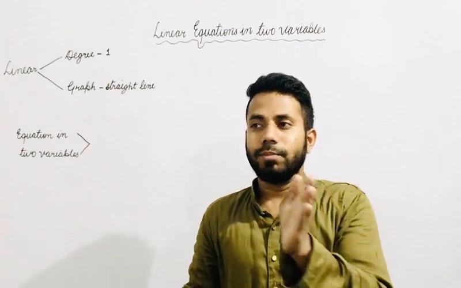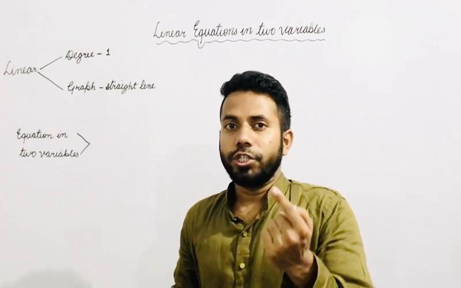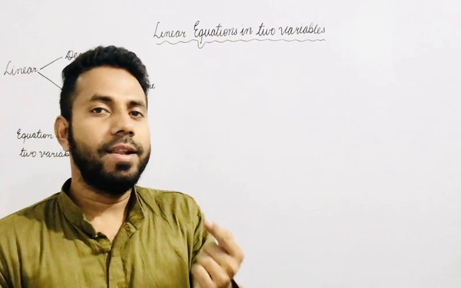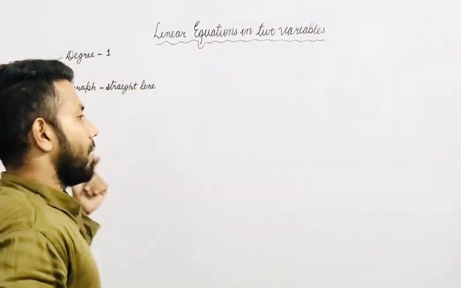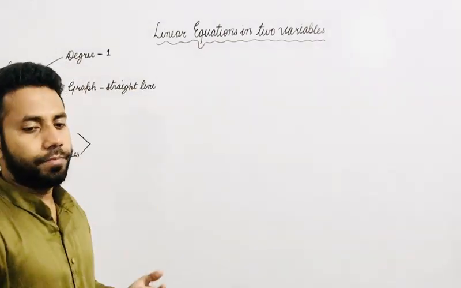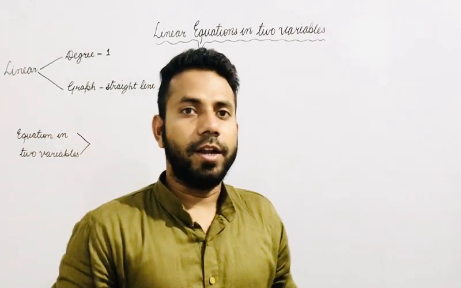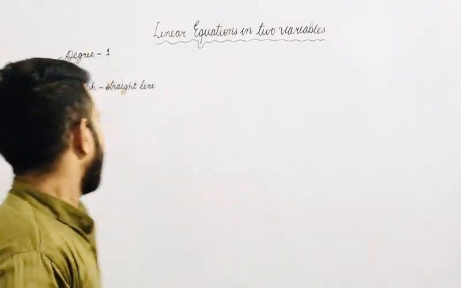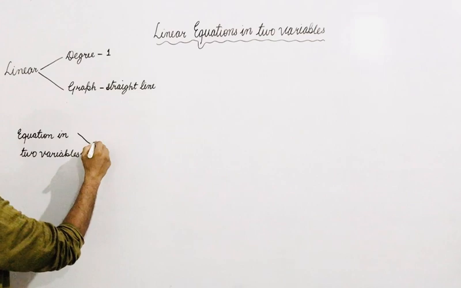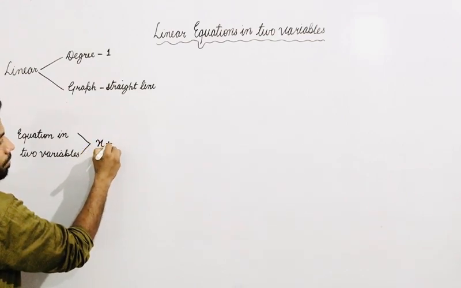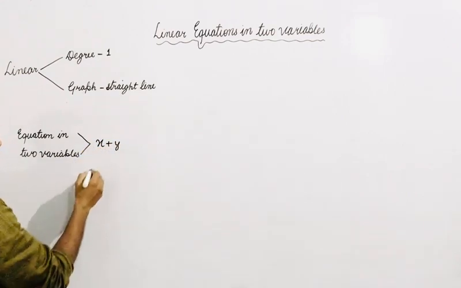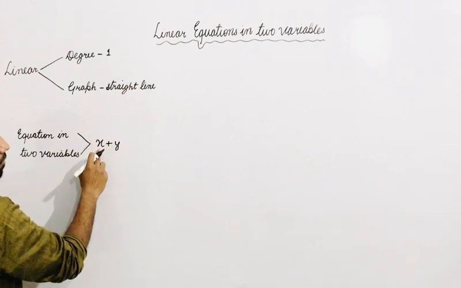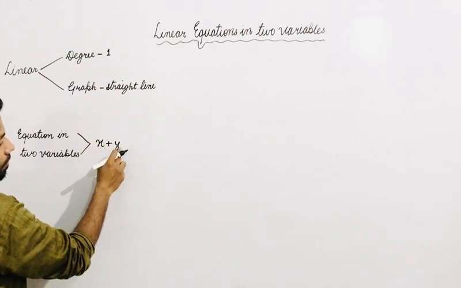Like x plus 3 is an equation in one variable where the variable is x. y plus 5 is an equation in one variable, that is, the variable is y. But if I write an equation like x plus y, there are two variables. One variable is x and the other variable is y.